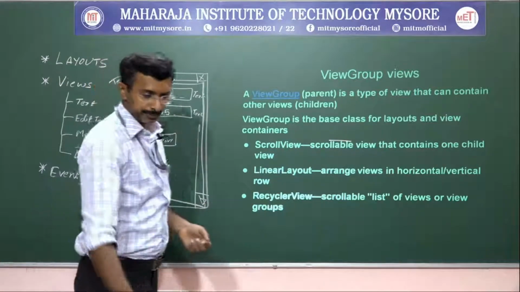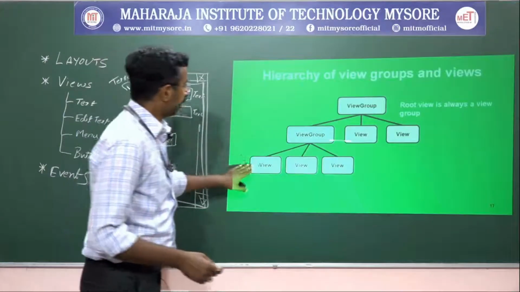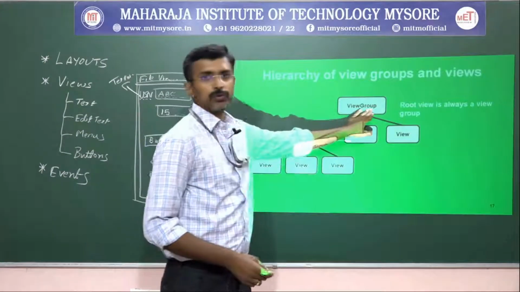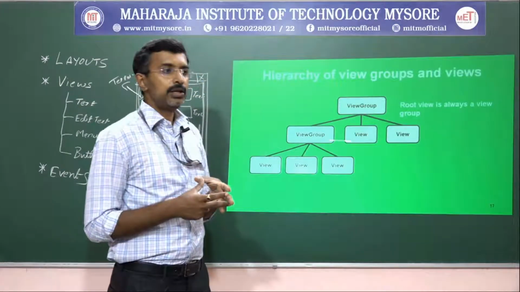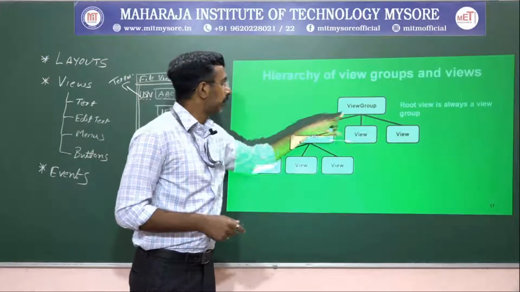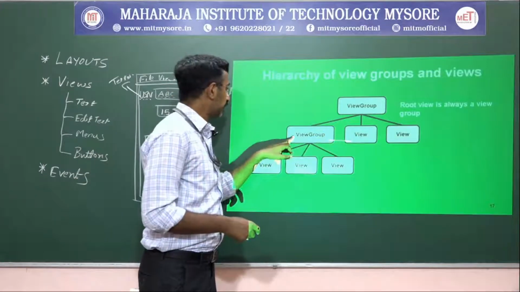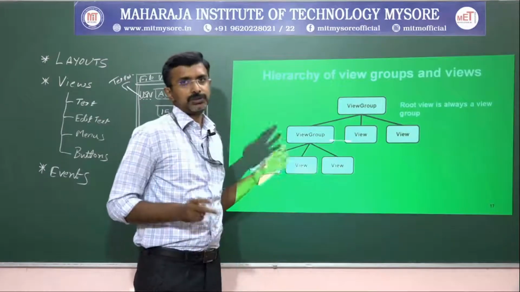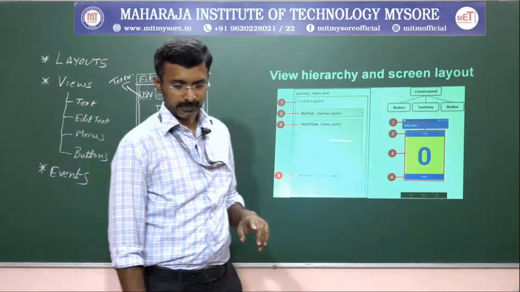We'll go one by one. So first, all the views have been defined from the view group. A collection of views is nothing but your view groups. The view group can have other view groups or other views. The view group is a collection of different views.